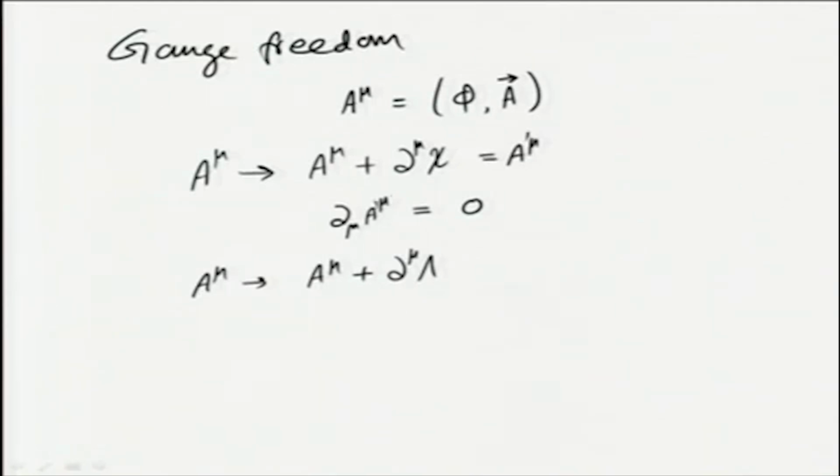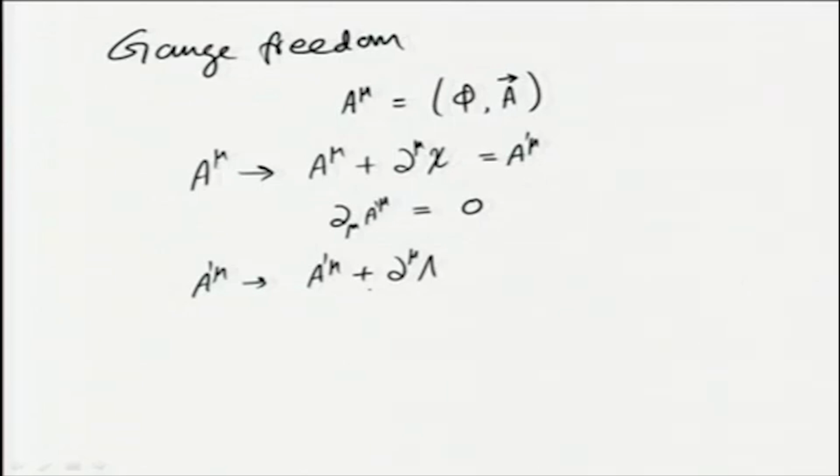So A mu prime is the new field, and A mu prime can now be transformed to A mu prime plus dou mu lambda, and of course this should also give you the same electric and magnetic field, because it is similar to the earlier transformation.